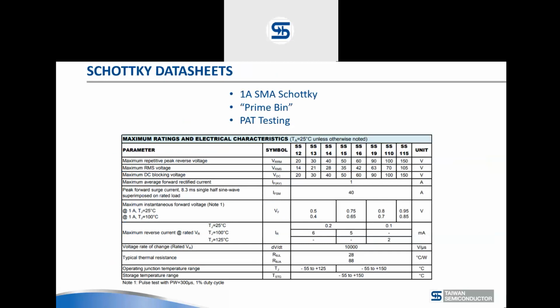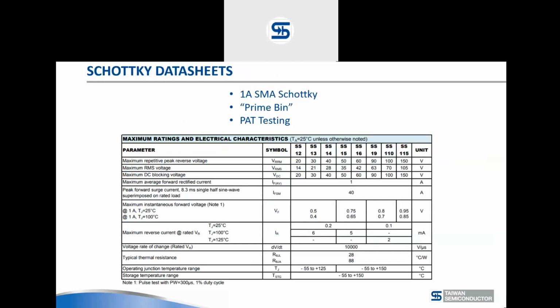This is what we call the prime bin, the 40 being the prime bin, and then the 20 and 30 are the non-prime bins. In the old days, sometimes these specifications were all written just to have good yields, and then you could also sell the rejects of the SS14 as a lower voltage if they didn't pass the 40 volts. That, of course, is not great from a reliability perspective.